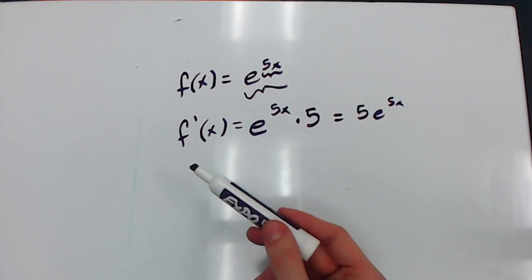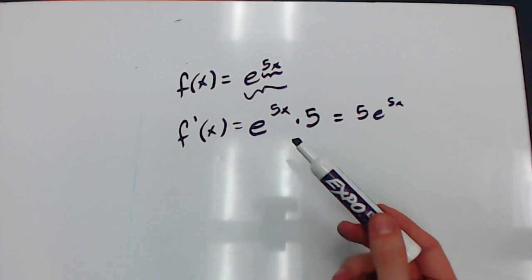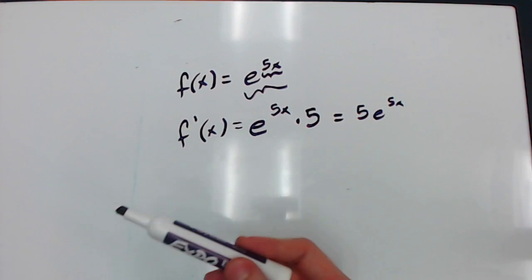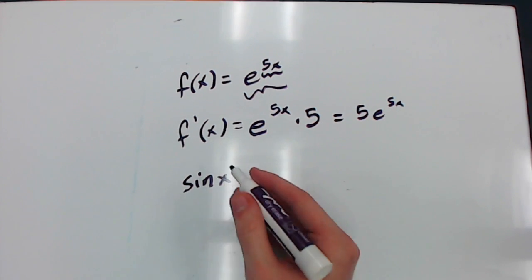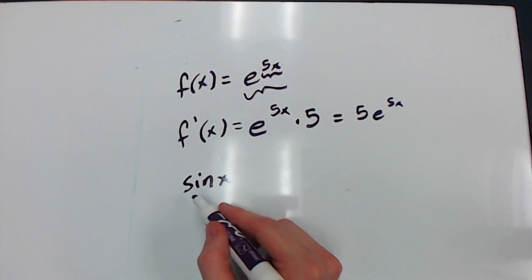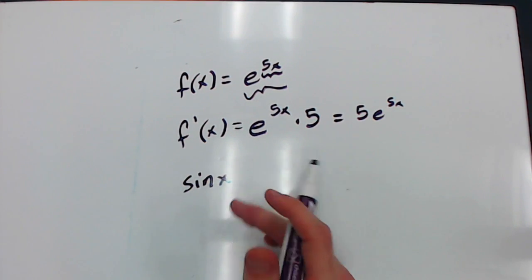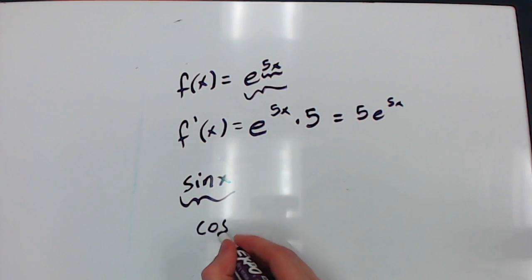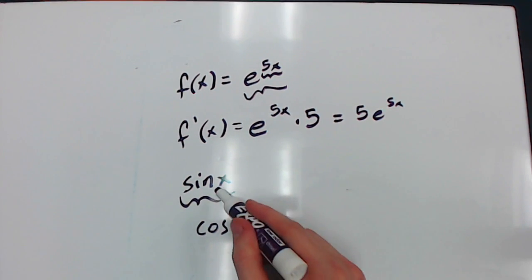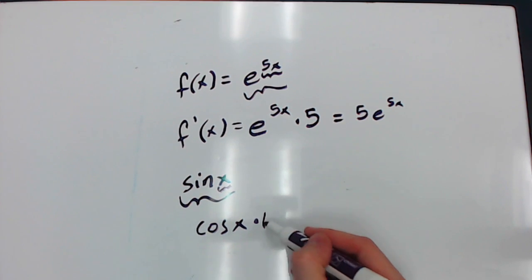Now, ironically, you're actually doing chain rule with your regular derivative definitions. We'll use sine of x as an example. Okay, if we take the derivative of sine of x, we'll treat it the way we do chain rule, right? Derivative of the outside, so it ends up cosine of x times the derivative of the inside, which would just be 1.